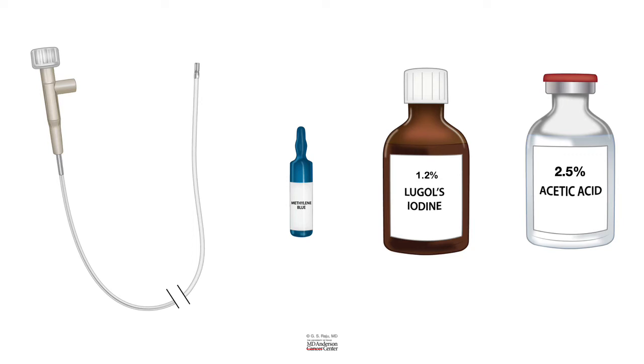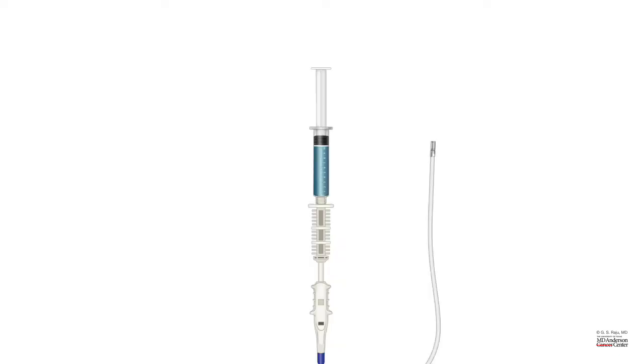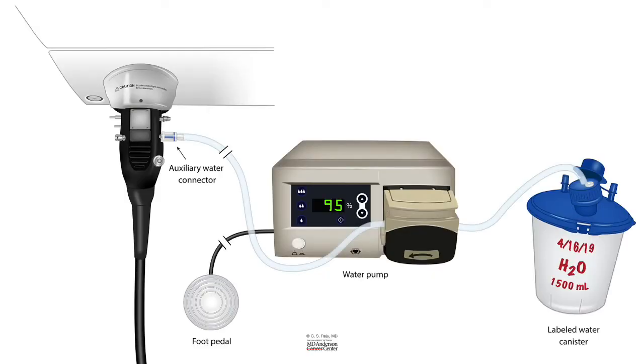So let us look at how we use these blue dyes. Blue dye could be methylene blue or indigo carmine, and you could spray it with a catheter, or you could use the water jet. When you have a patient with inflammatory bowel disease or Lynch syndrome, you need a very clean colon, and once the physician reaches the cecum, he wants to use the dye spray.